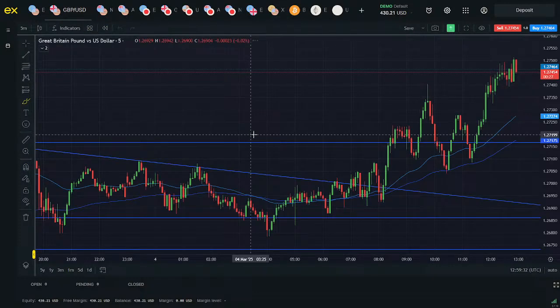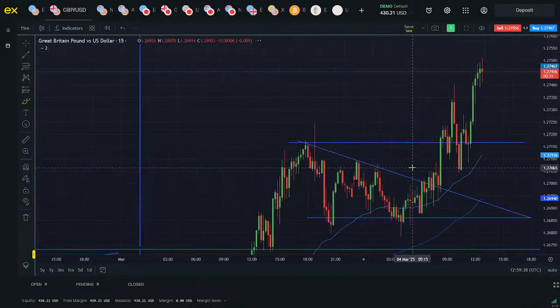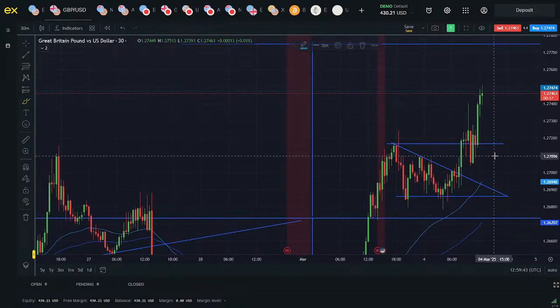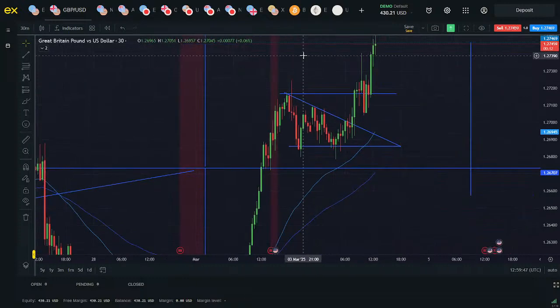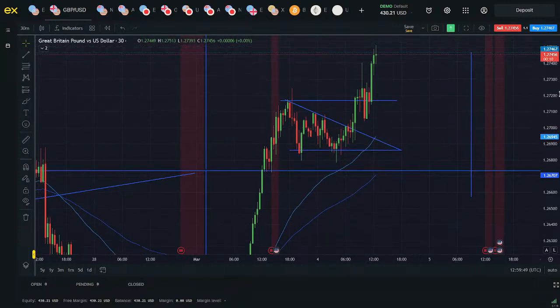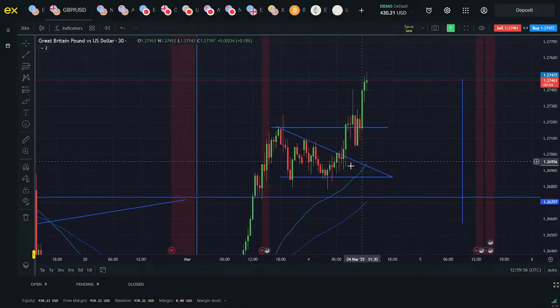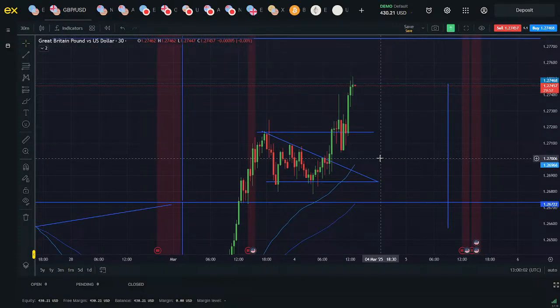Here in GBP/USD, I wanted to tell you what has happened. The market was showing a descending triangle, but it trapped all the sellers who might have entered thinking it is a descending triangle and that the market will go in the downward direction.